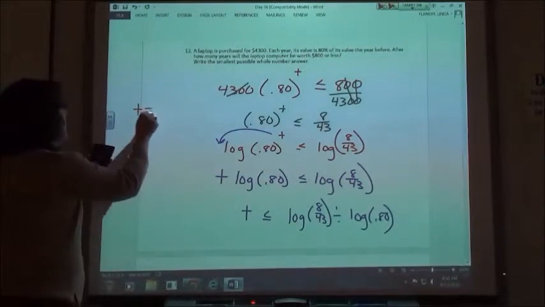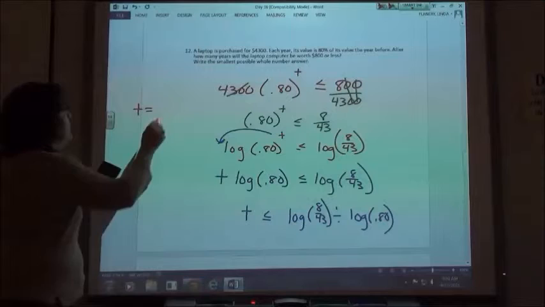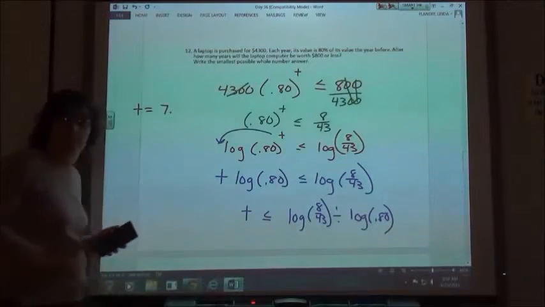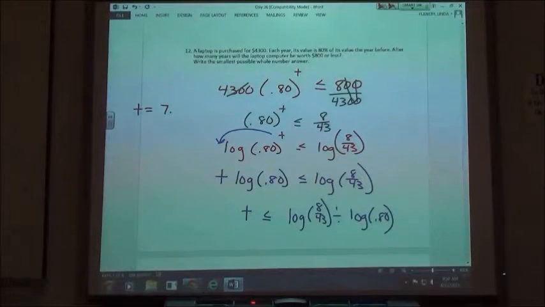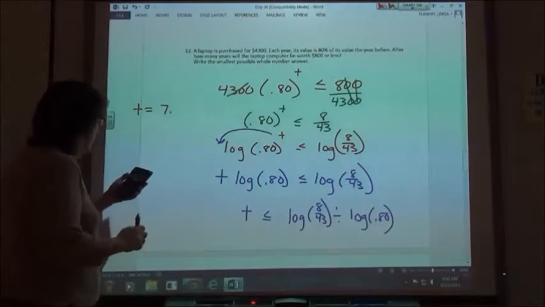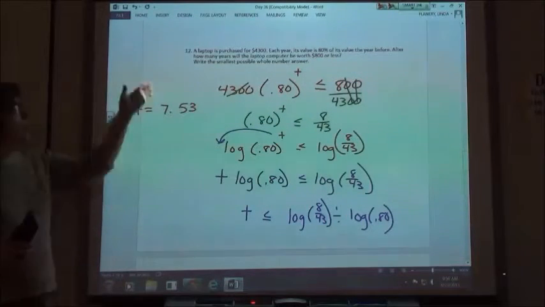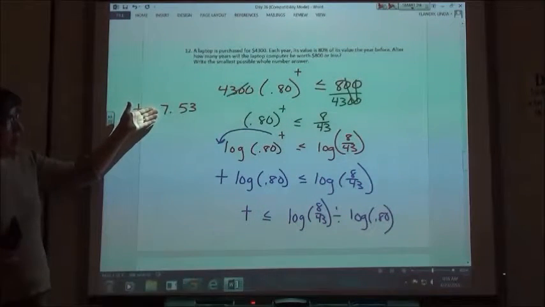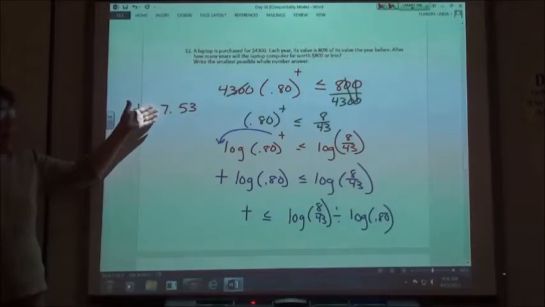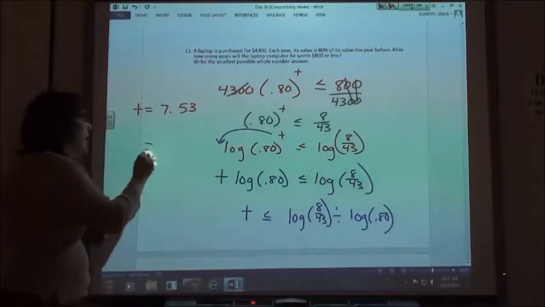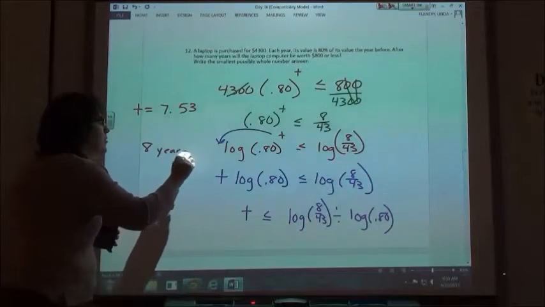So my time would equal 7.53. So in 7 years, I'm not quite going to be low enough. I have to round that off to 8 years.